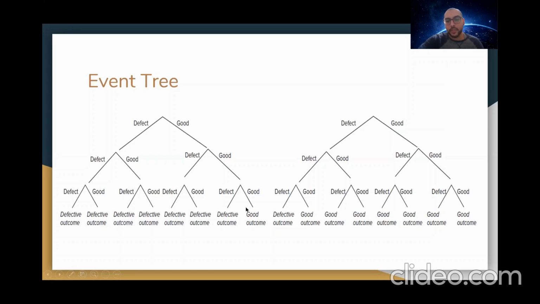But in the other example, as long as the error gets caught, we will end up with a good outcome. That's why the probability of ending with a good outcome is much, much higher than in the assembly line example.